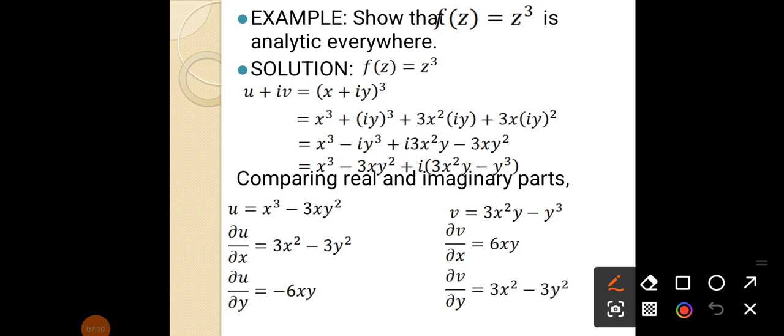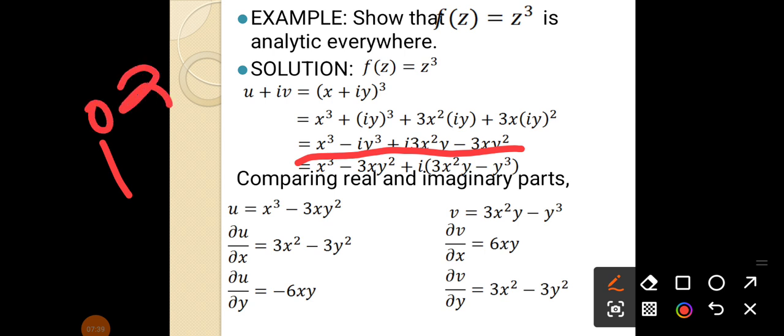Okay, then the next step will be x cube plus (iy) cube plus 3x square iy plus 3x (iy) square. Okay, in the next step we are writing x cube as it is, minus the value of i cube.